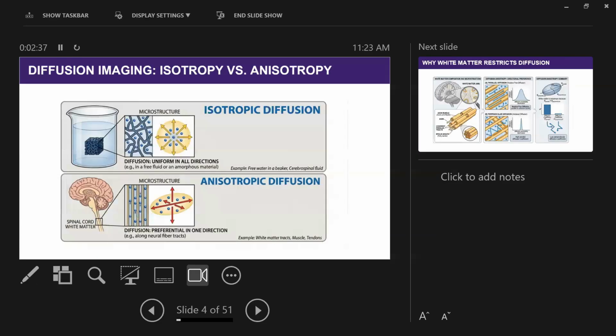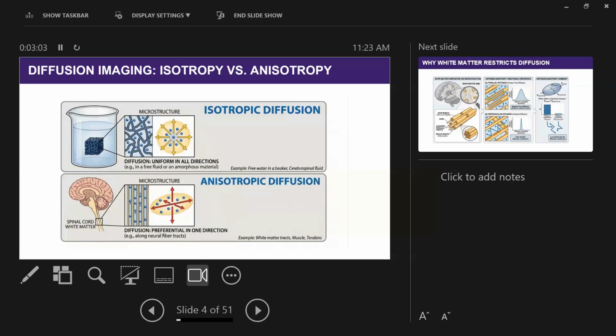So, the same example. You have your glass of water, and this is called isotropic diffusion, because normally these molecules have two main properties. The first one is that they have free movement. And also, one important thing that you measure when doing diffusion is the main direction in which the water molecules move.